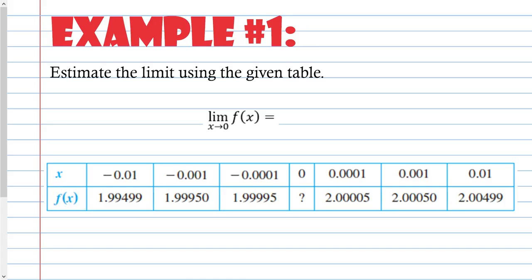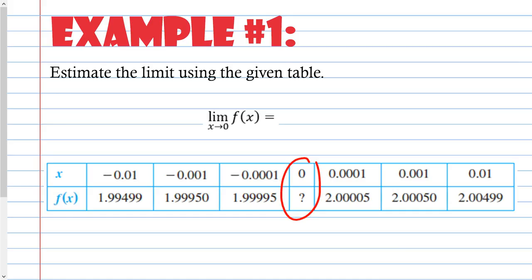So the idea would be we want to figure out what is the limit of this function as x is getting closer and closer to the number 0. Now, if you observe, here's my number 0. And that's why the question mark is there, because we don't know what it actually equals or what it's getting close to.